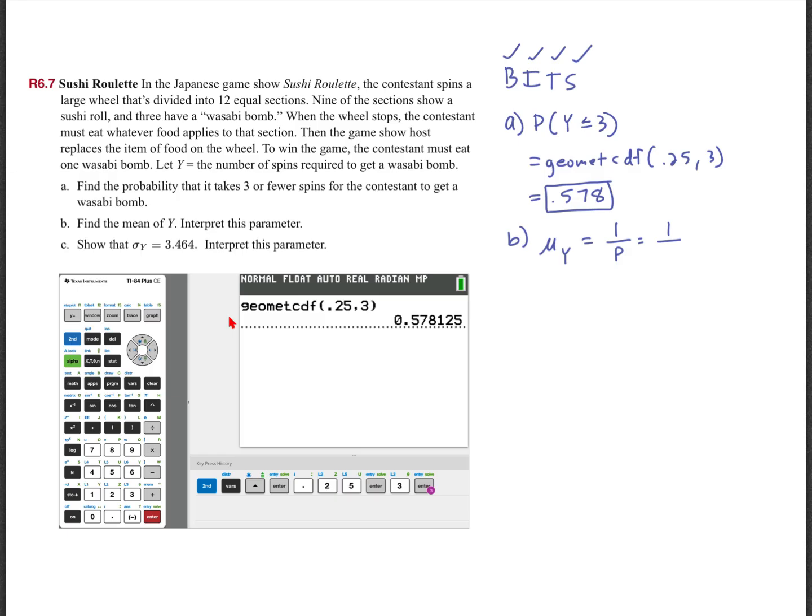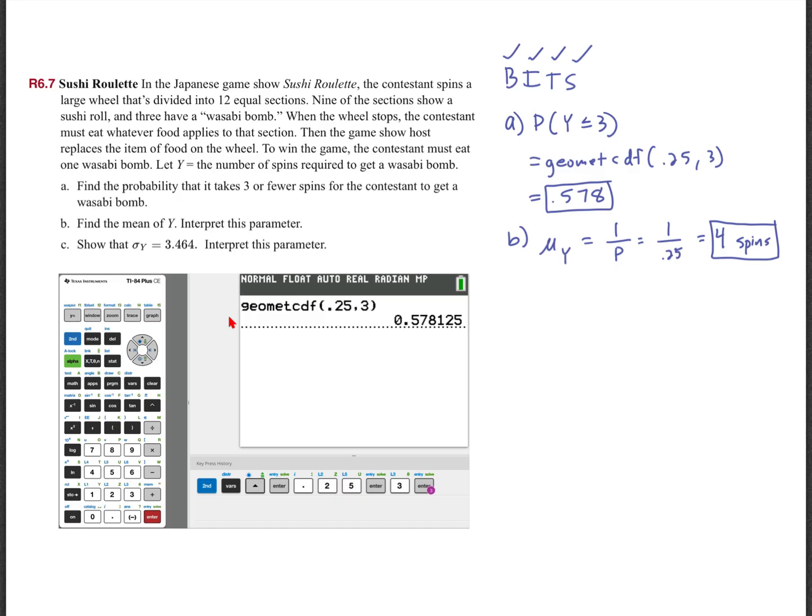Okay, probability of success, so it's 0.25. And so this ends up being 4. Okay, and so this would be 4 spins.